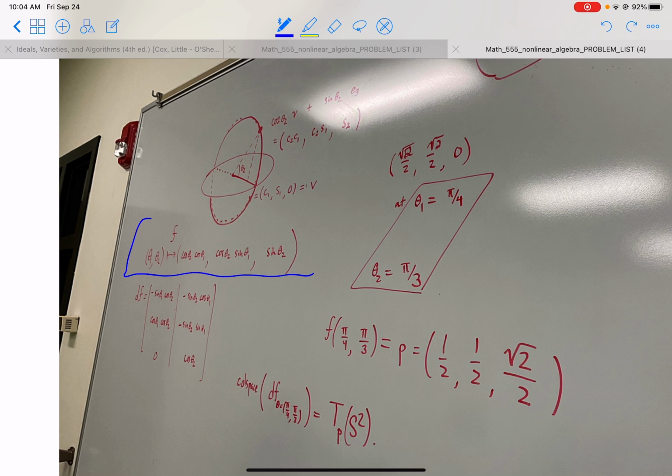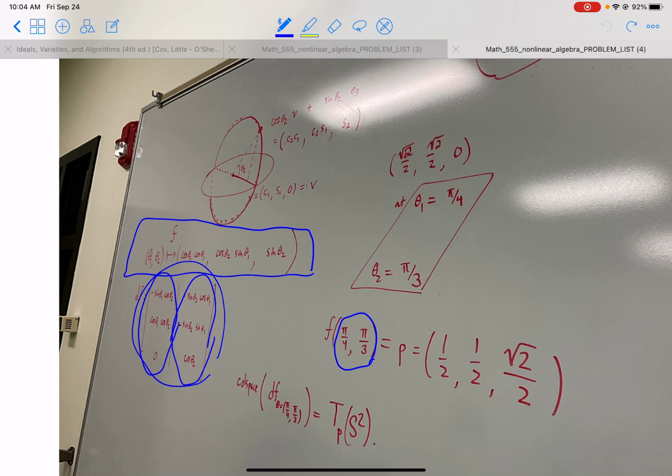So here's my map F, and I took the derivative with respect to theta 1 and put it in this first column. And I took the derivative with respect to theta 2 and put it in that second column. Okay, and then I knew that if I just plug in this theta, I'm going to be at the correct point. So if I plug in that theta here, my derivative has a basis of the tangent space built into it.